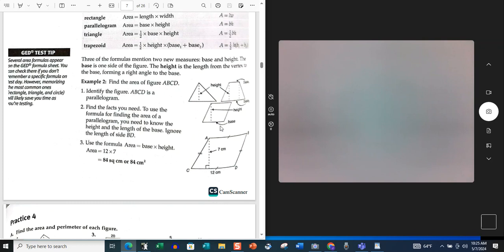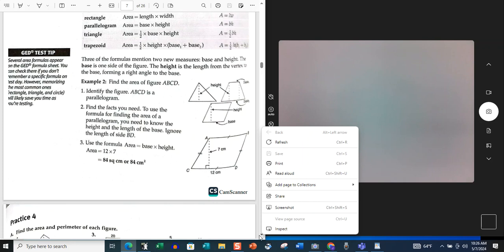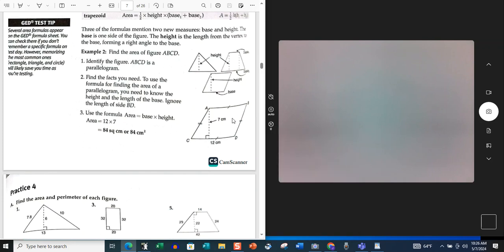It really doesn't matter with the parallelogram; it could be at the top or the bottom, because the top and bottom of a parallelogram are the same length. And then the height. Okay, now let's scroll down here. Just to prove the statement I just made, if you look at the parallelogram here, both of them have the one line showing that they're equal to each other.